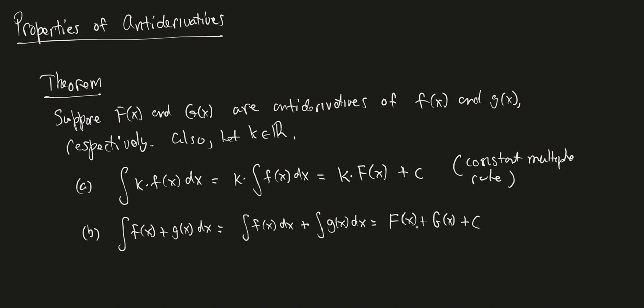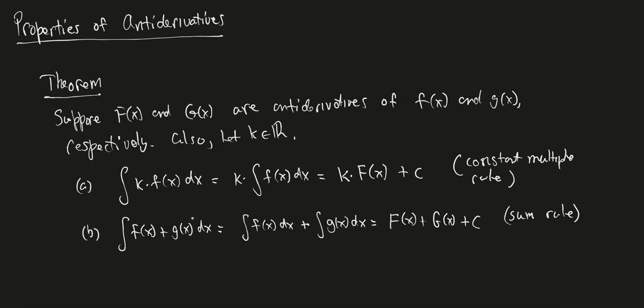This is the sum rule, meaning when we have the sum of two functions and we're trying to find its antiderivative, the antiderivative of the sum is the sum of the antiderivatives of the individual terms. So we call this our sum rule, just like how we had a sum rule for derivatives.